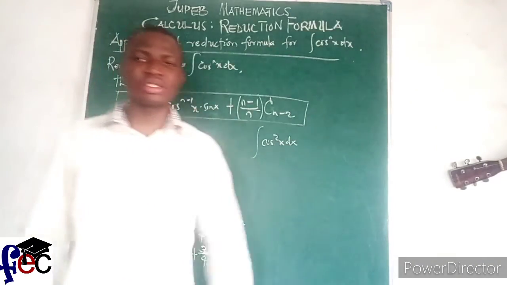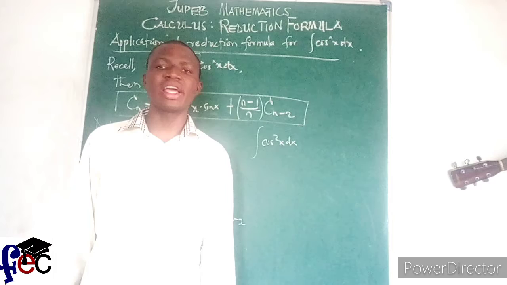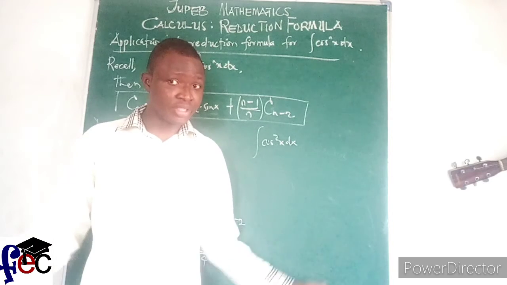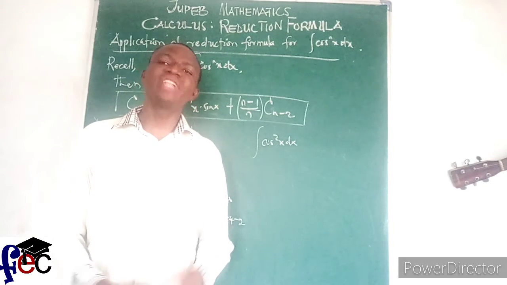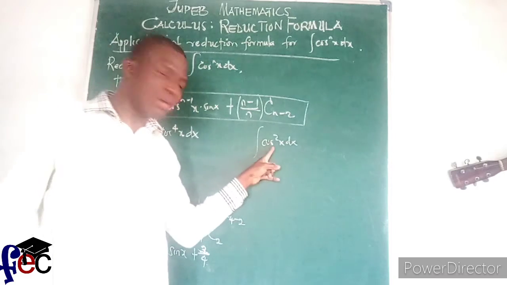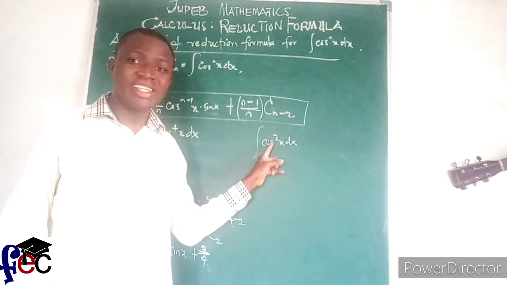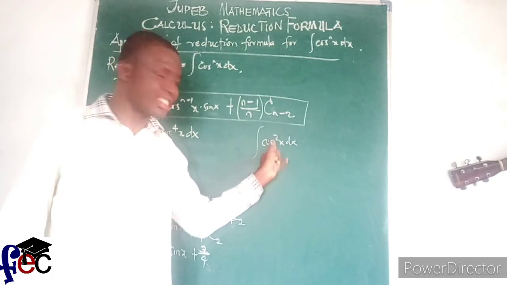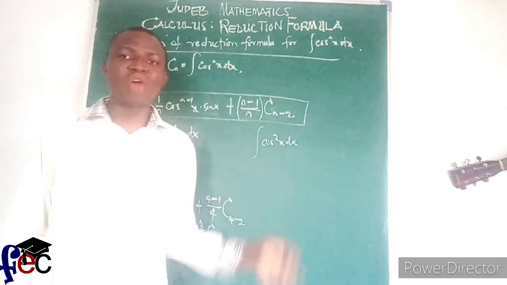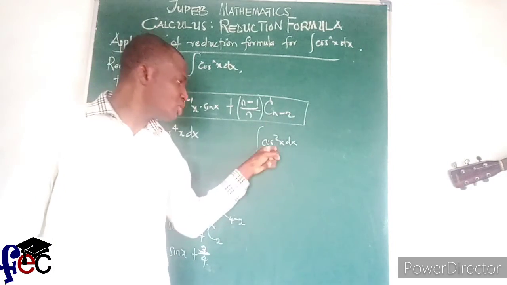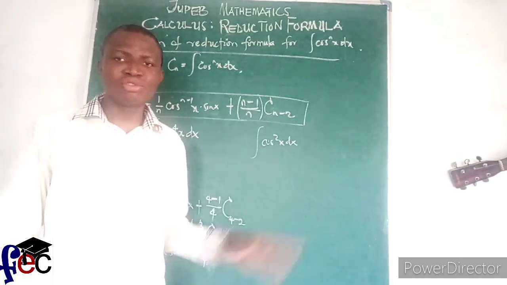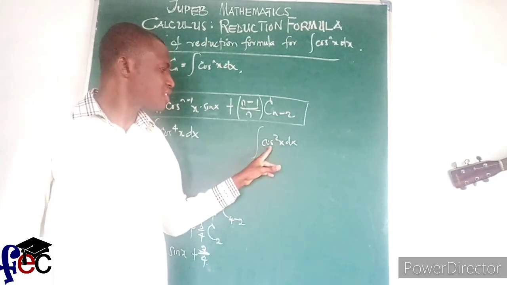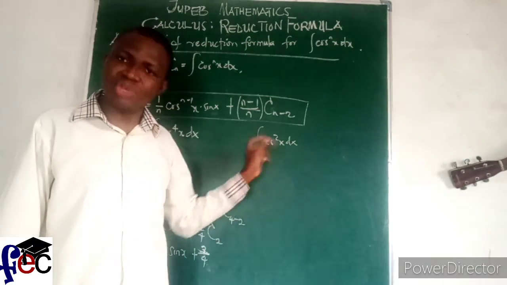It has a fixed value, but you will realize that it's still not easy to quickly determine. So you will still need to apply the reduction formula again to simplify it to a point where the expression is easier to integrate.